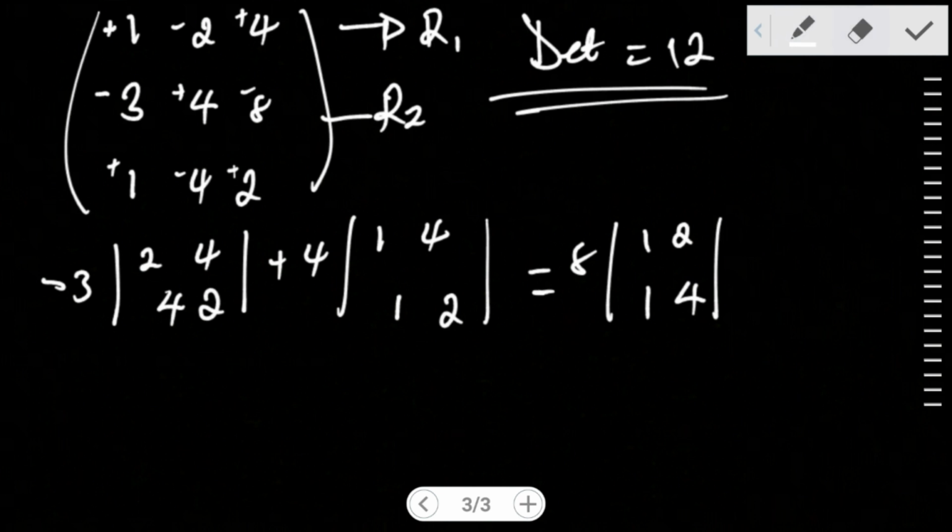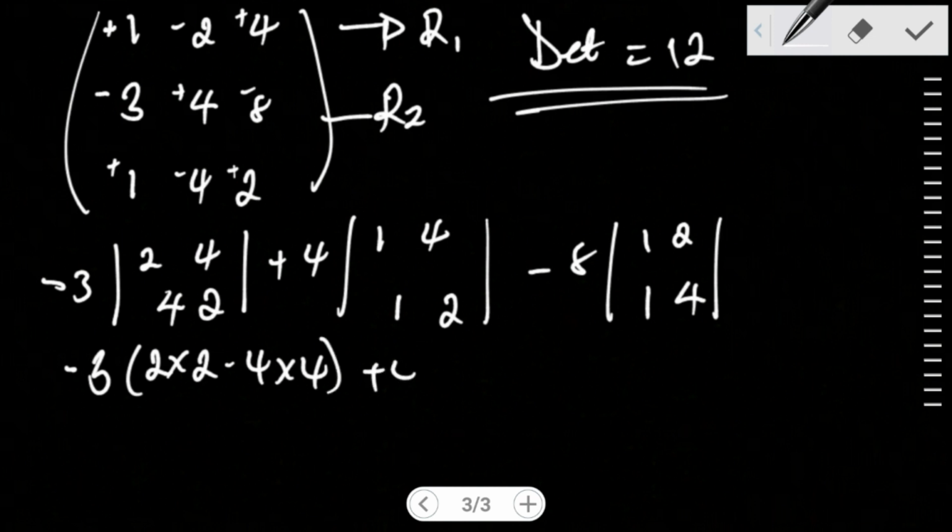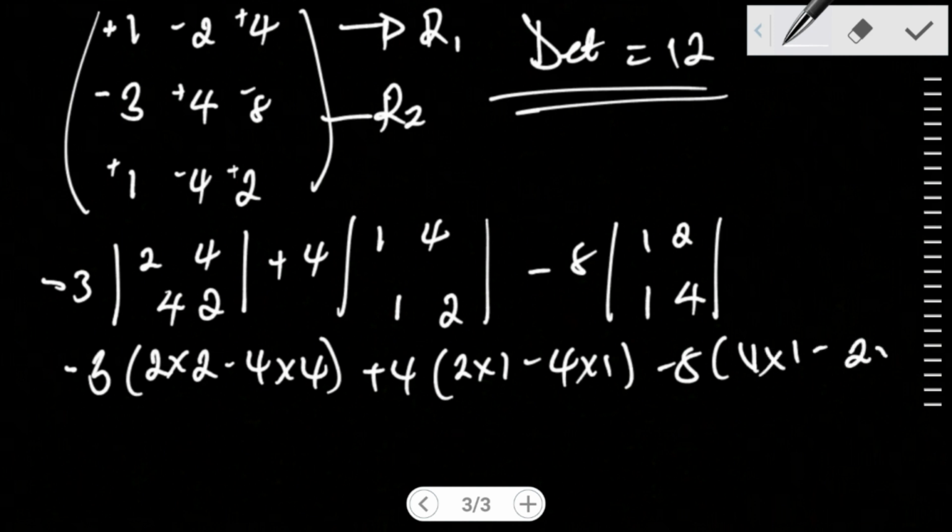So this is going to be negative 3 into (2 times 2 minus 4 times 4), plus 4 into (2 times 1 minus 4 times 1), minus 8 into (4 times 1 minus 2 times 1).